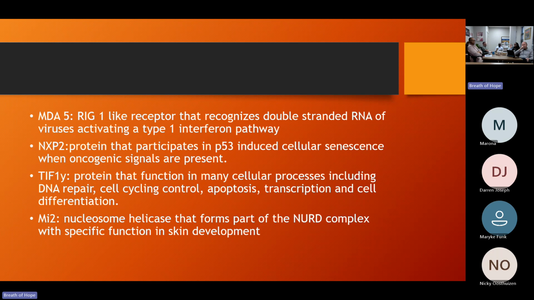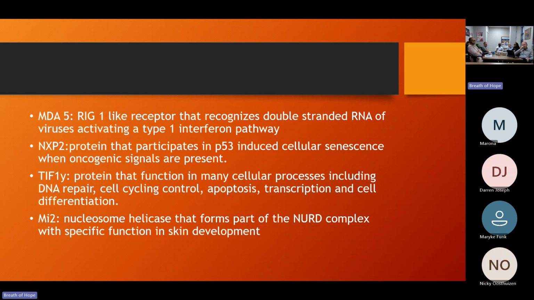Okay, NXP2, this is a protein that participates in the P53-induced cellular senescence when oncogenic signals are present. Hence, the NXP2 is associated with cancer. TIF1 gamma, this is a protein that functions in many cellular processes, including DNA repair, cell signaling, apoptosis and transcription, and cell differentiation.